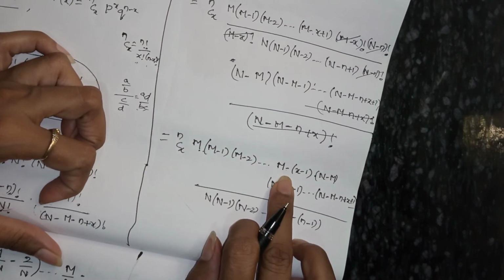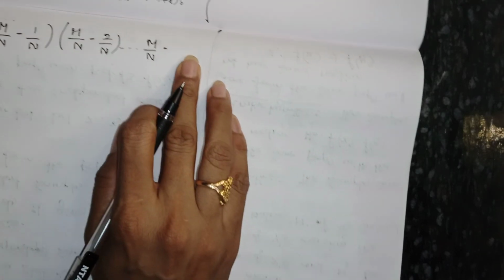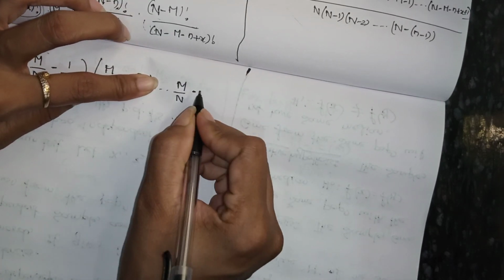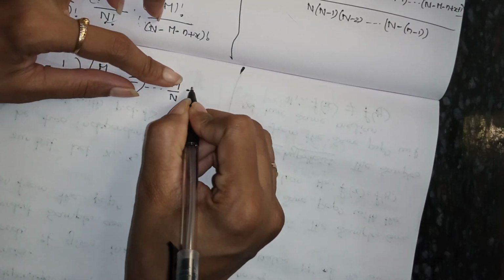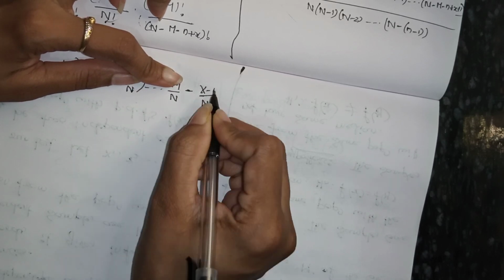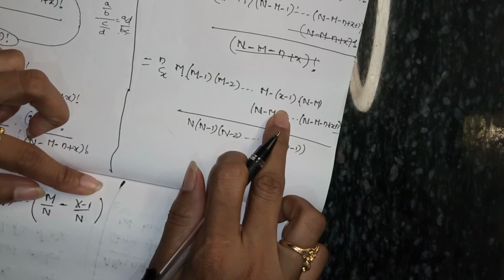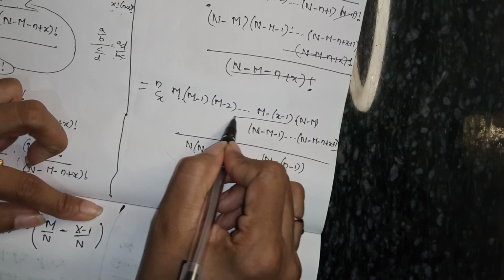If you see here, m minus x minus 1 we are having. So m by n minus x minus 1 by n. Okay, and the next, till here we completed now.